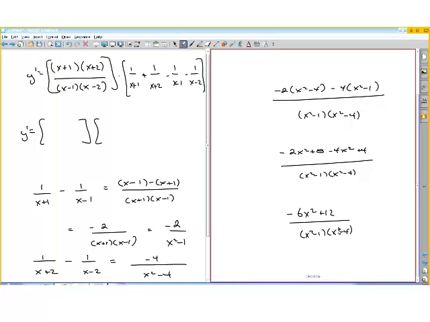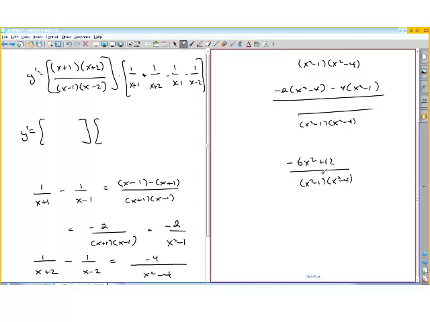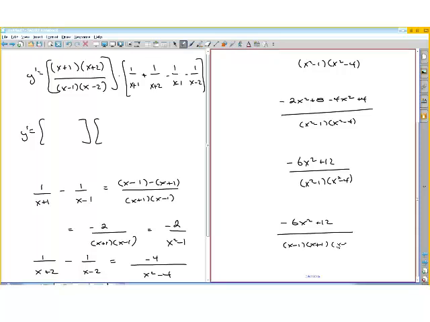Okay. And you can actually expand this out again, so it's kind of like you contract it, but you expand it. So this is plus 12, and this becomes x minus 1, x plus 1, x minus 2, x plus 2. So all we're doing is this part right in here. Now when you take this and multiply it by this, let's just do that.